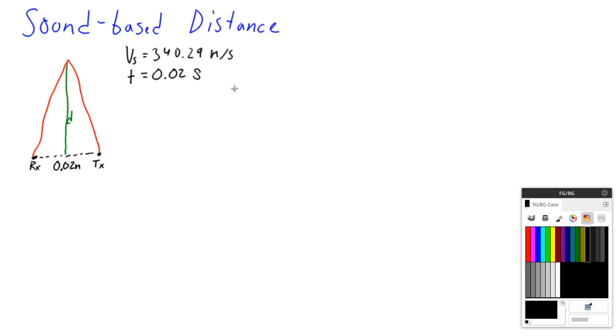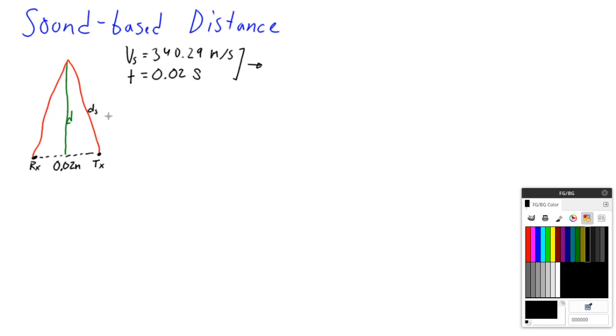So the first thing we need to do is take this data and get a distance from it, right? We need to figure out what the distance is. If you've got a speed and you've got a time, you can figure out what the distance is. We'll call this the distance the sound has traveled.